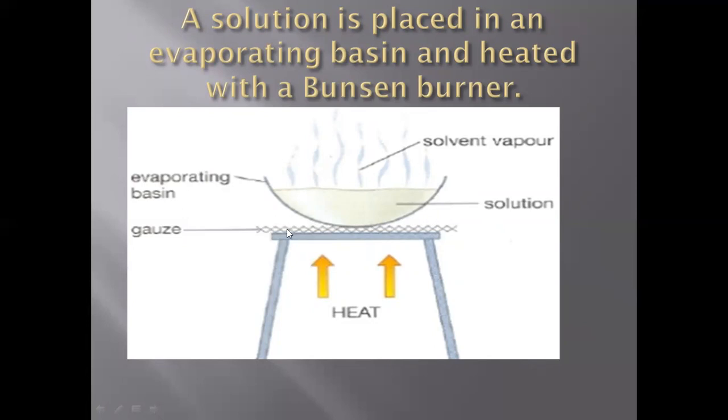In between the china dish and the tripod, there is a metal gauze. So the salt solution is heated, and what happens to the solvent in this solution? It evaporates, it changes into vapors, and what is left behind is the salt, that is the dissolved solid particle. It is left behind as residue.